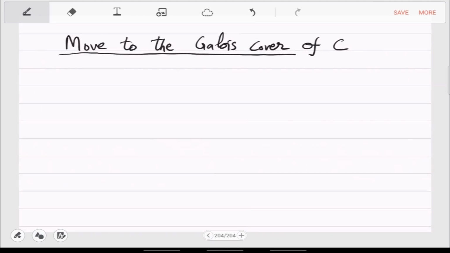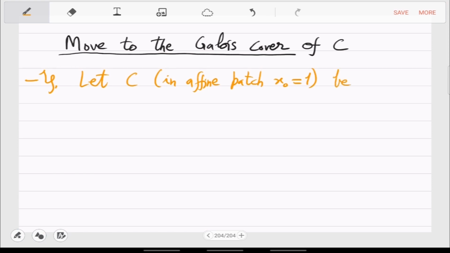So let's see an example first. Let C be this elliptic curve, x2 cubed minus x2 minus x1 squared equal to 0 over the base field k, Fq.